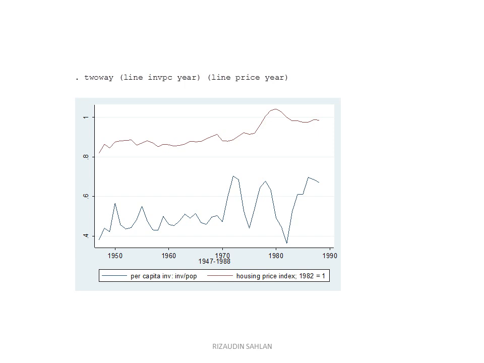Let's say we plot these two variables by year. When we plot them, we can see that there is some trend, or we can say that the variables IMVPC and price share a common trend.